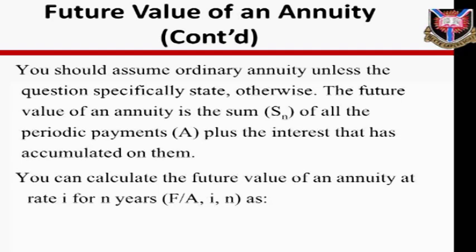The future value of an annuity is the sum of all period payments plus the interest that has been accumulated on them. You can calculate the future value of an annuity at rate I for n years.